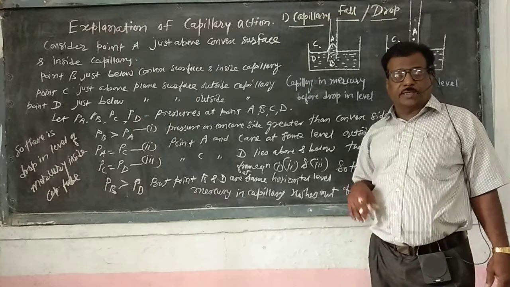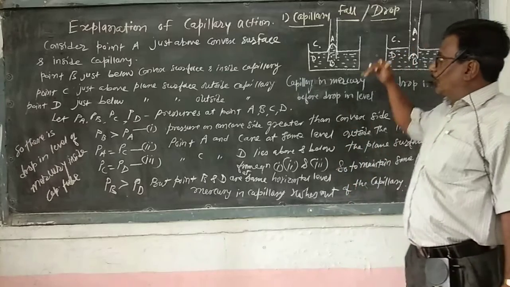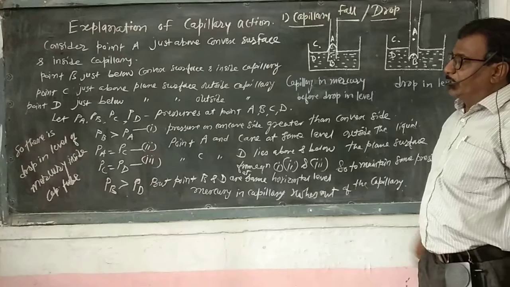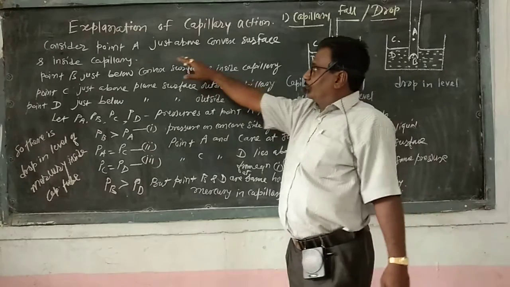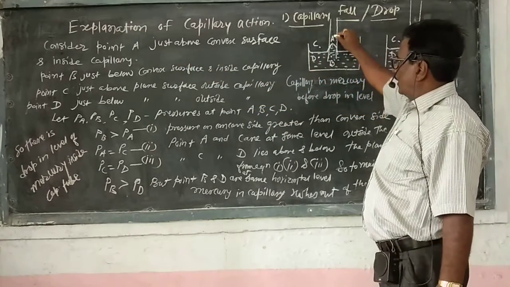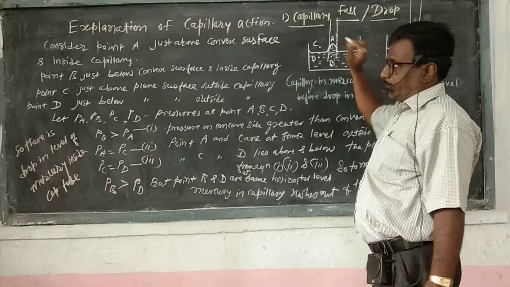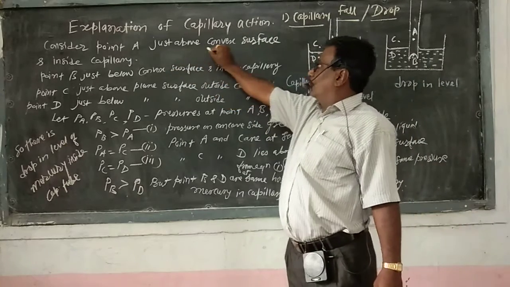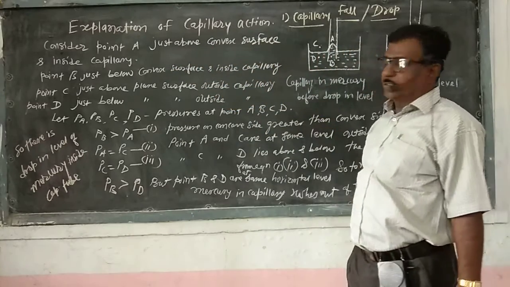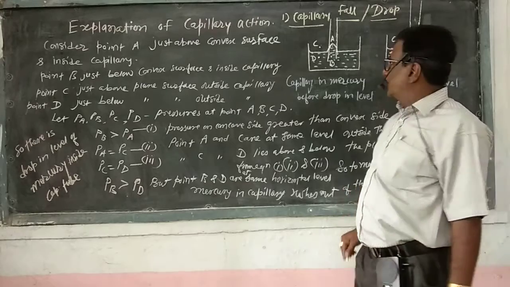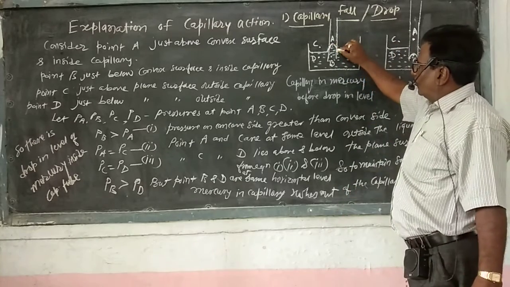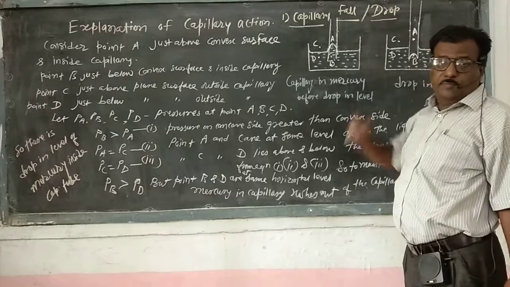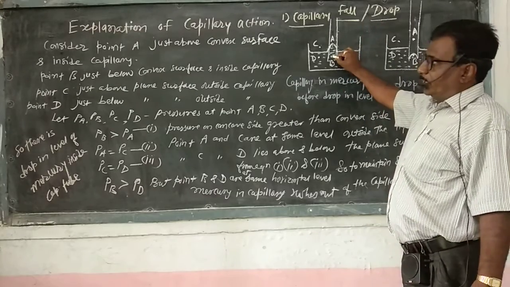So we study how the liquid level rises or falls in a capillary. For that, consider four points A, B, C and D. Point A is just above the convex surface, inside the capillary tube.